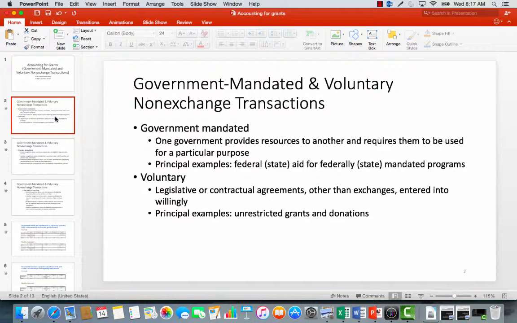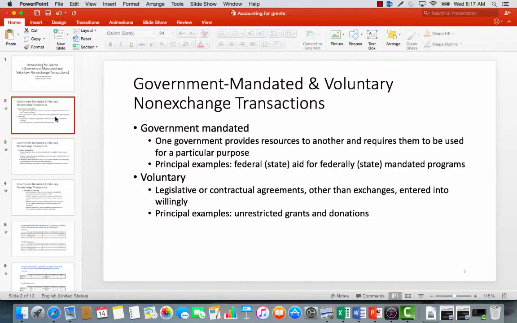Those are distinguished from voluntary non-exchange transactions, which the recipient government enters into voluntarily, hence the name, meaning they're not required to do whatever it is they're doing in exchange for this grant aid, but they choose to.